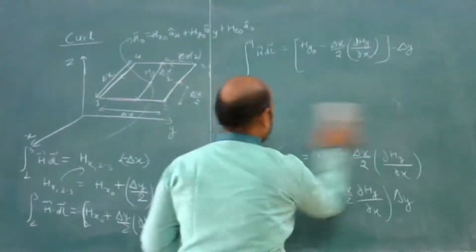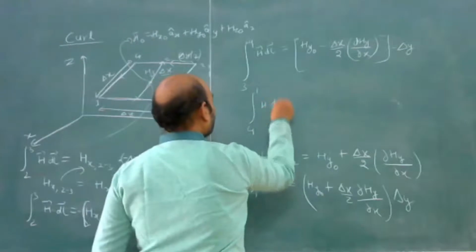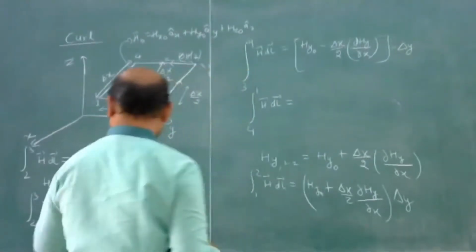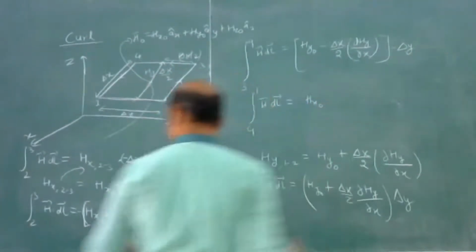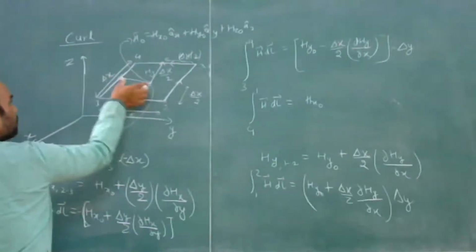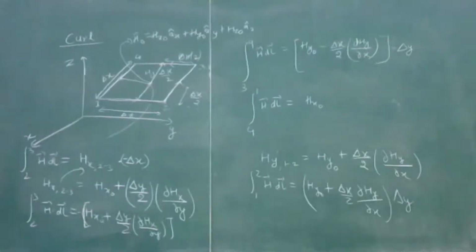Then the last line integral, from 4 to 1, H dot dl. This will be similar to this one, Hx naught. Then we have to come to this side, so this length will be delta y by 2.